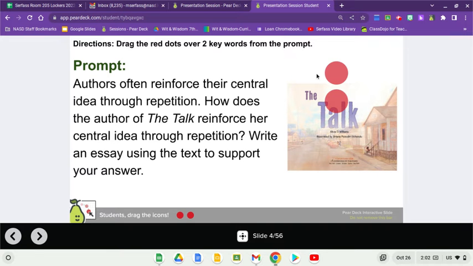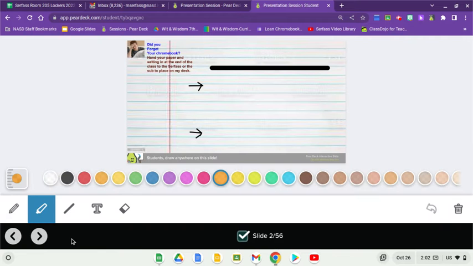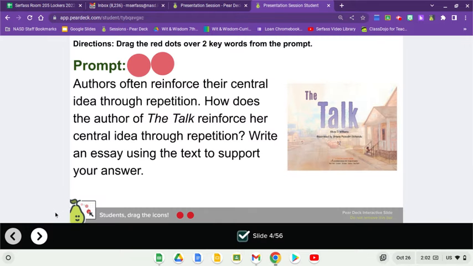So we've got the prompt here, and we've got the 2 dots for you to grab. Now, for those of you on paper, you would just write down the 2 most important words. You can write those down right here in the margins, that's the side of the paper. Everyone else, drag the red dots. Take the time to do that now, please.